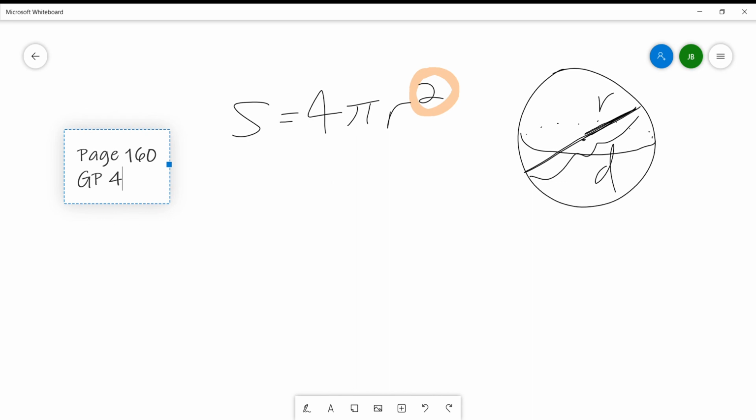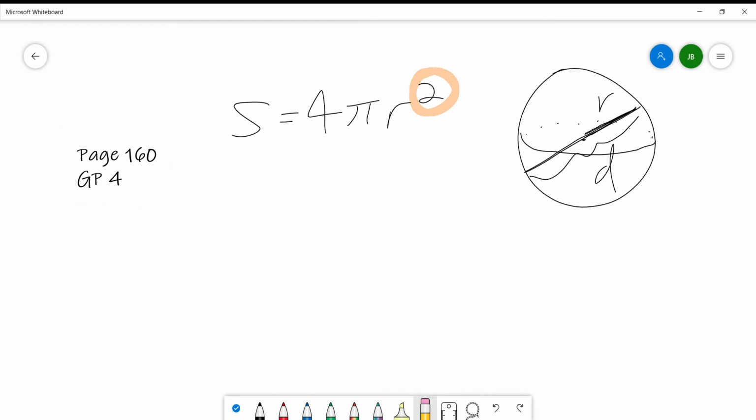A spherical rubber ball has a surface area of 3,215.36 square centimeters. What's the radius of the rubber ball to the nearest centimeter? Use 3.14 as an approximation. They give us the surface area.